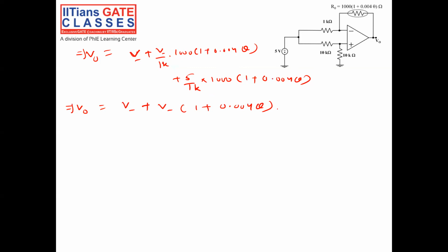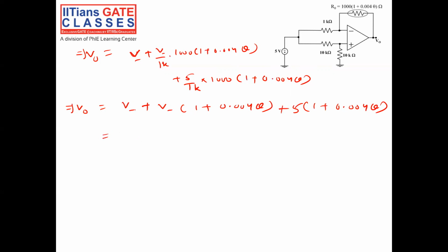The 1 got cancelled, plus 5 into 1 plus 0.004 theta, right?